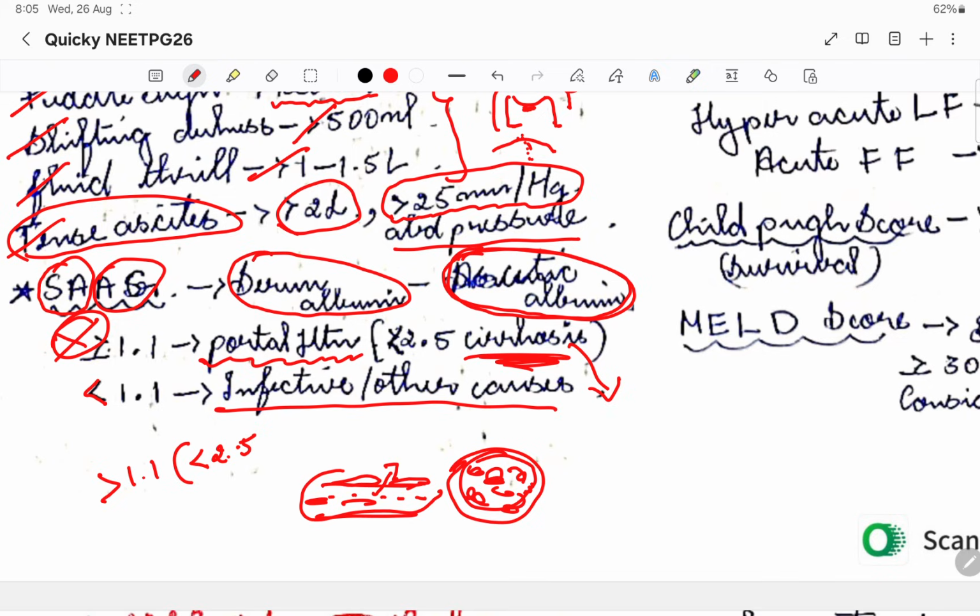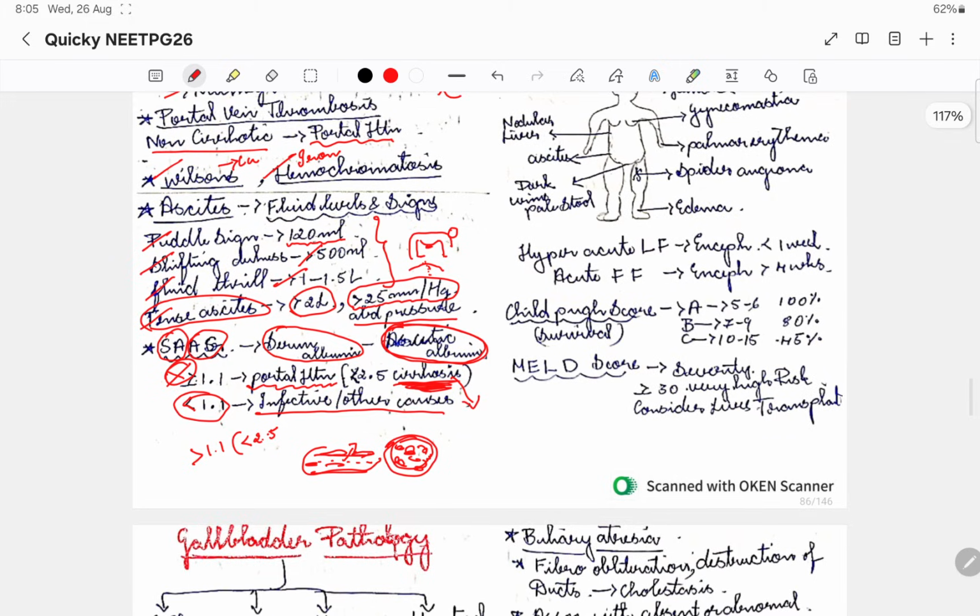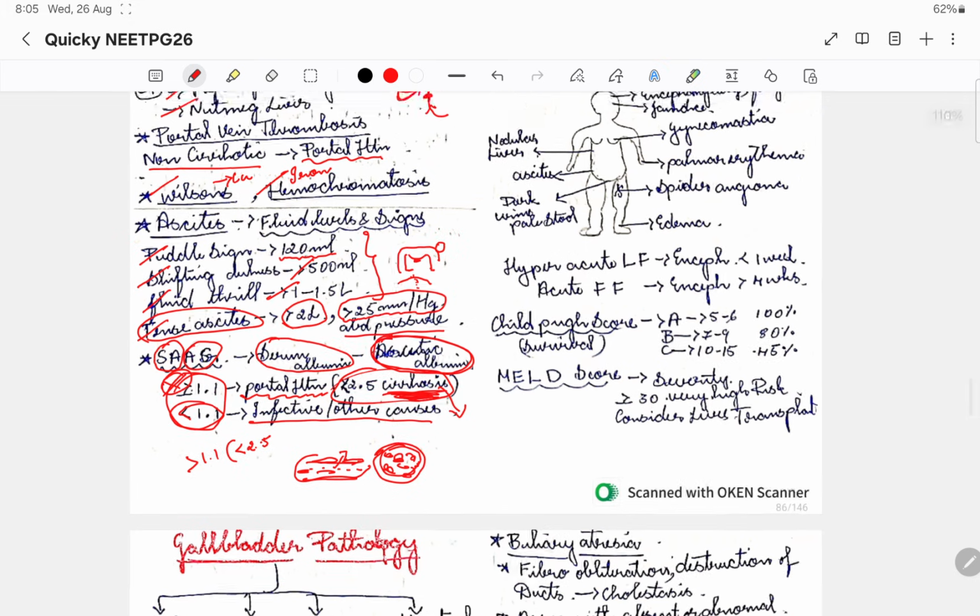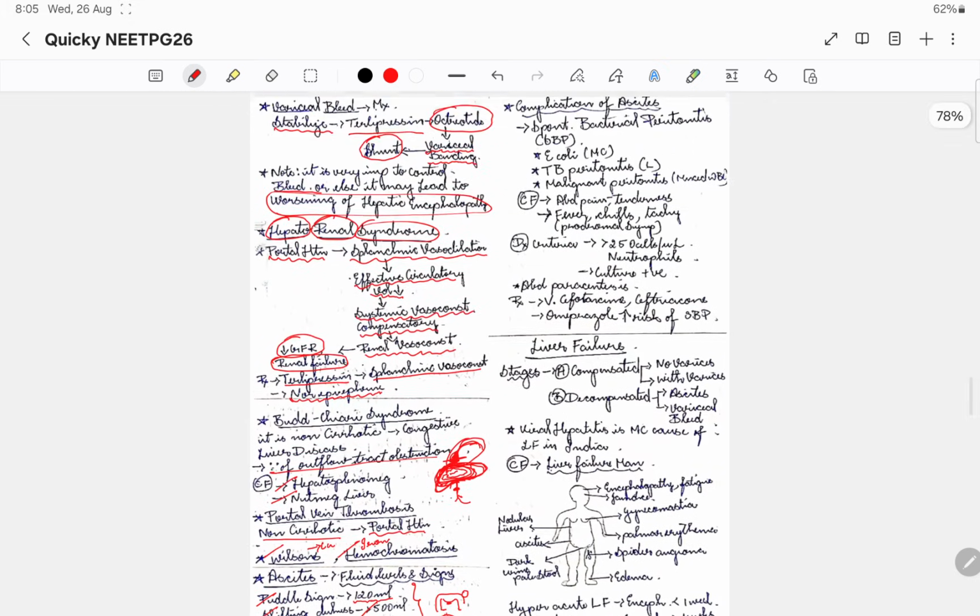So it might lead to lowered albumin, but not very much less than the 1.1 gradient. Okay, so that is the thing with respect to cirrhosis. This is the question they'll ask you, not any of this 1.1 and all these things. They'll definitely ask you this cirrhosis thing only. Okay, so that is the thing with respect to ascites.